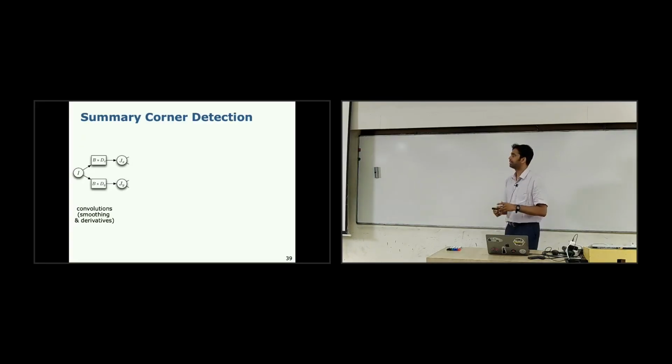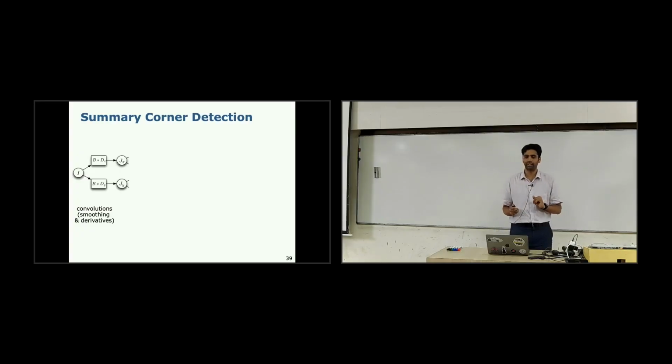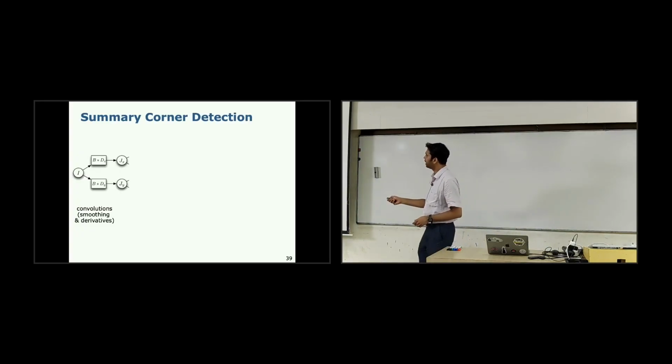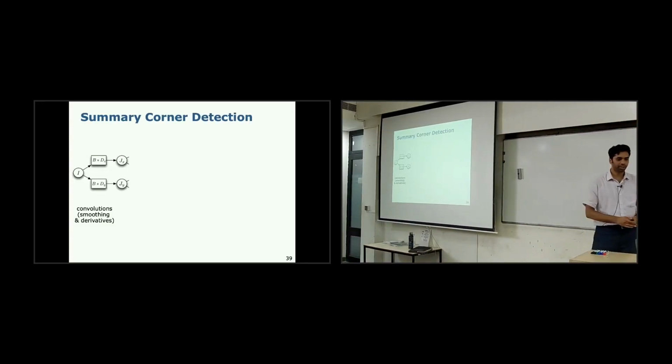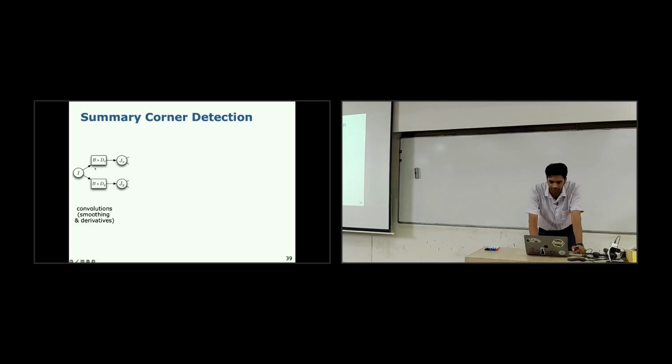If you plot this as a chart, most of the corner detectors can be thought of as the following steps. So you start with the image. And then you compute the convolutions to compute the edges. So these two steps are the convolution. You will then get gradients in the x direction and gradients in the y direction, so the Jx and the Jy.